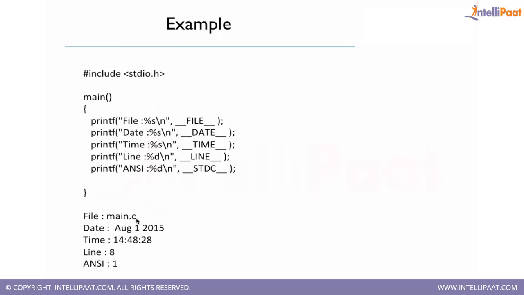The file is main.c. Today is 1st of August. It's 14:48. Line number is 8, and I'm using ANSI 1 standard. So this is how I can use the predefined macros. I'll suggest you try this example on your own system and see what output you get.